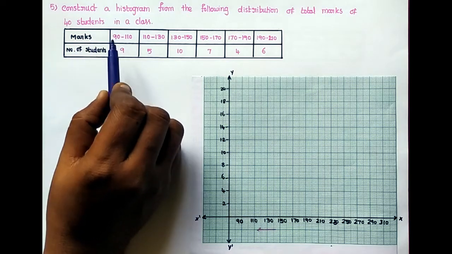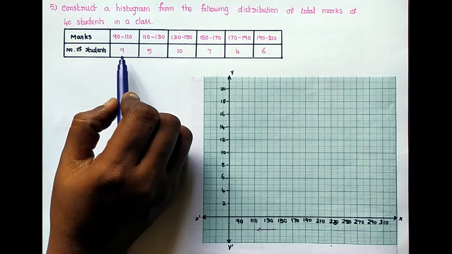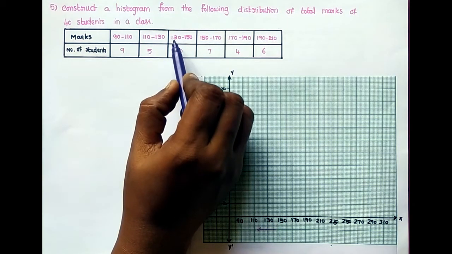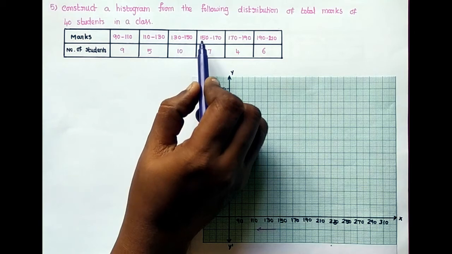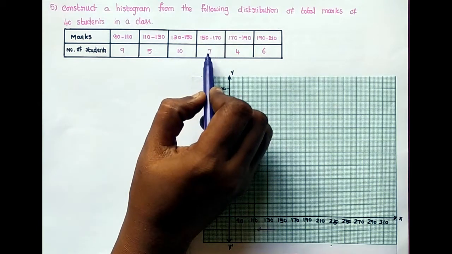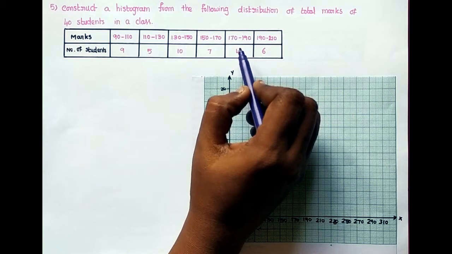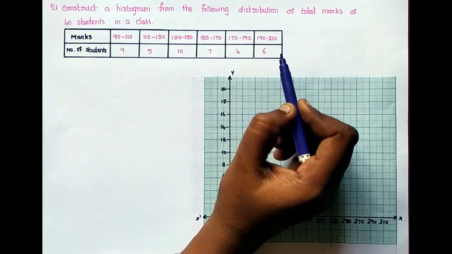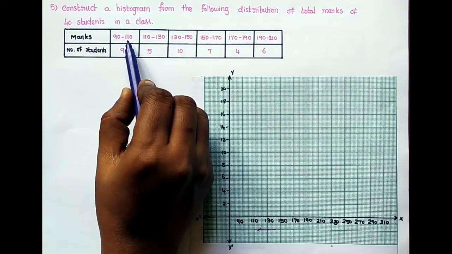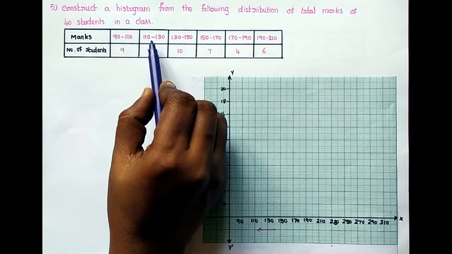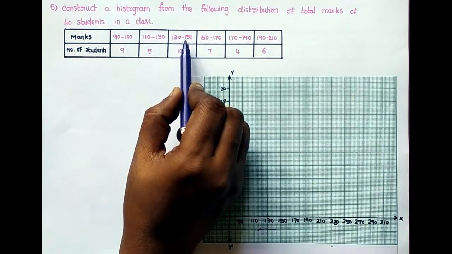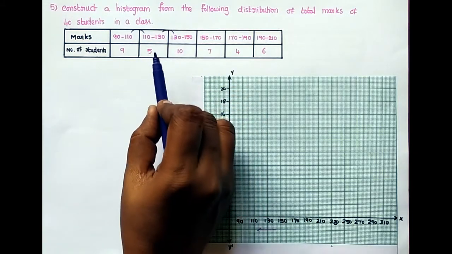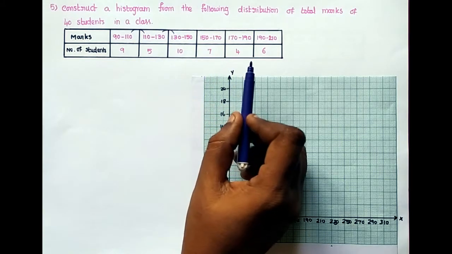Listen, they have given the marks 90 to 110, 9 students, 110 to 130, 5 students, 130 to 150, 10 students, 150 to 170, 7 students, 170 to 190, 4 students, 190 to 210, 6 students. 90 to 110, 110 to 130, 130 to 150, so it is a continuous frequency distribution.